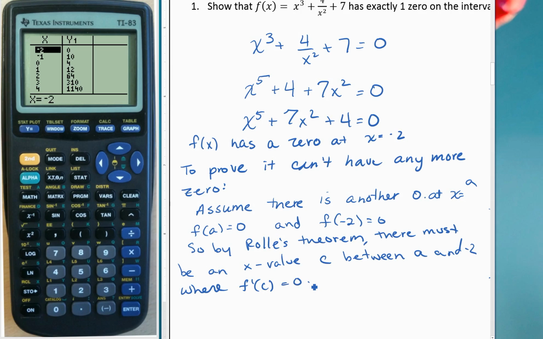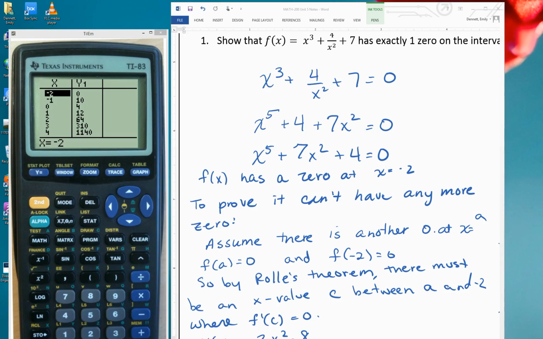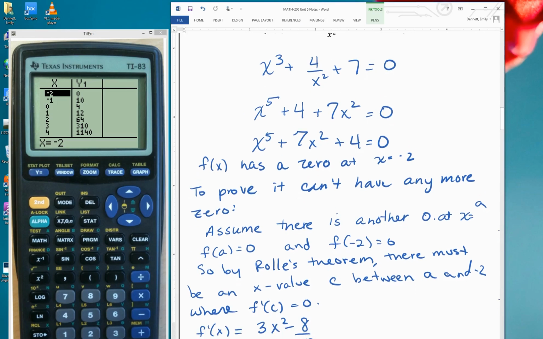Now let's take the derivative. F prime of x is going to be equal to 3x squared minus 8 over x cubed. And what we need to see is that this is never equal to 0.